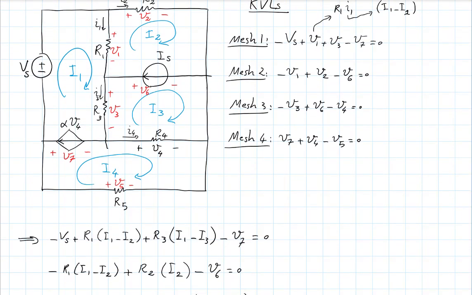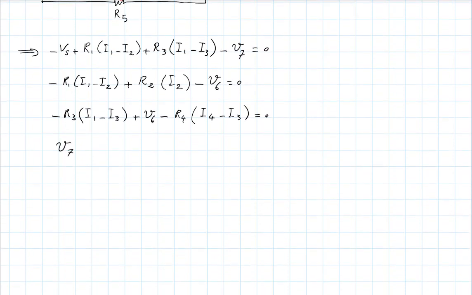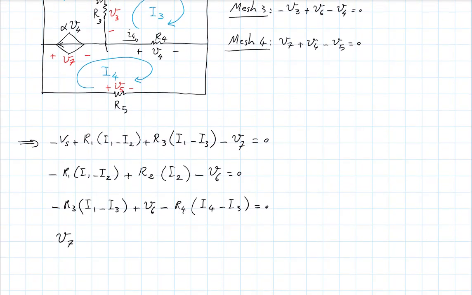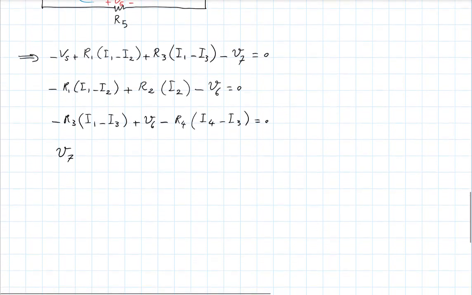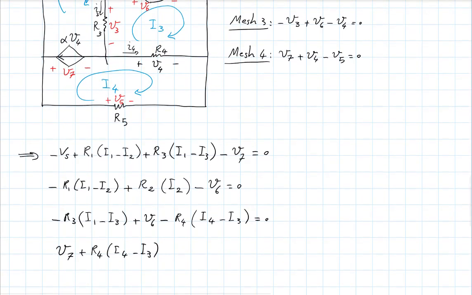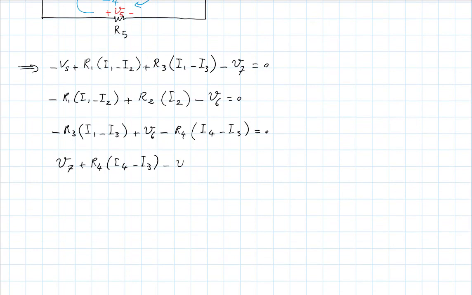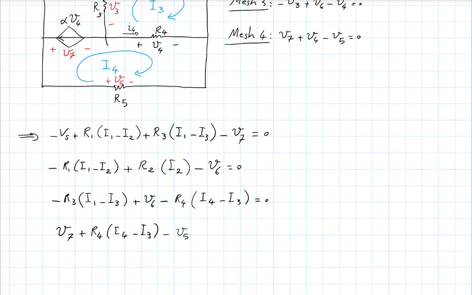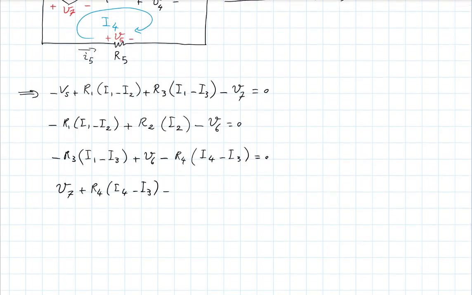And finally, the last equation: V7, which again we have to keep as is, plus V4, which is plus R4 times I4 minus I3, minus V5, which, if you call this I5, V5 is simply R5 times little I5.